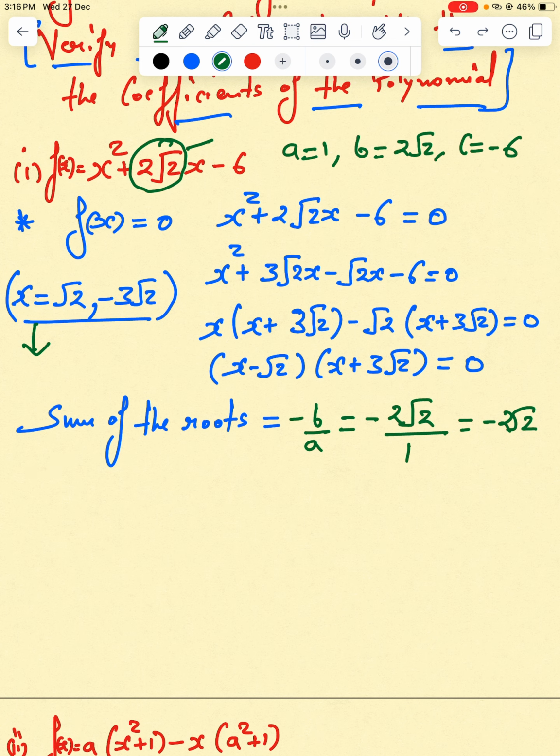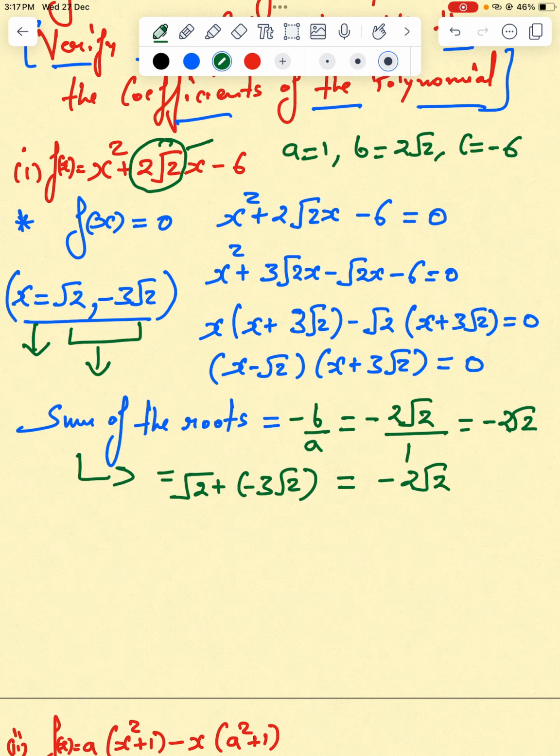Sum of the roots we are getting is root 2 plus minus 3 root 2. That is, I have added both the roots. Minus 3 root 2 plus root 2 is equal to minus 2 root 2, because 3 root 2 is bigger than root 2. That's why it's a negative sign. So we are getting the same result.